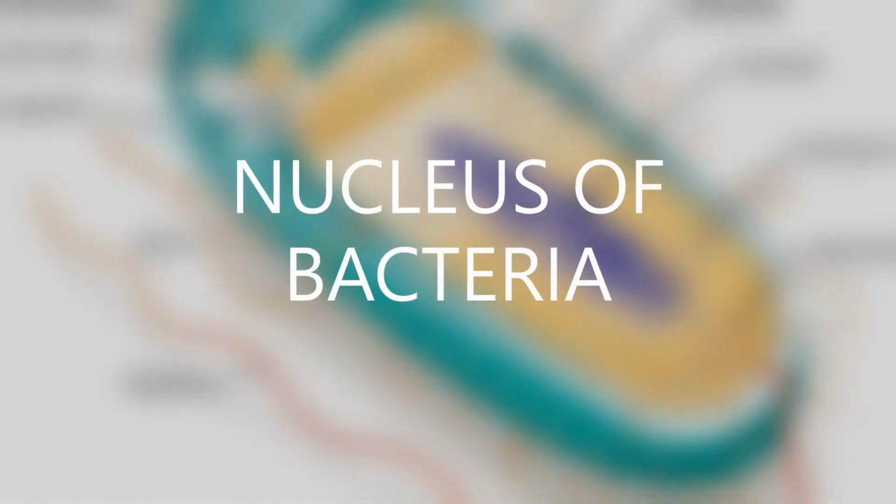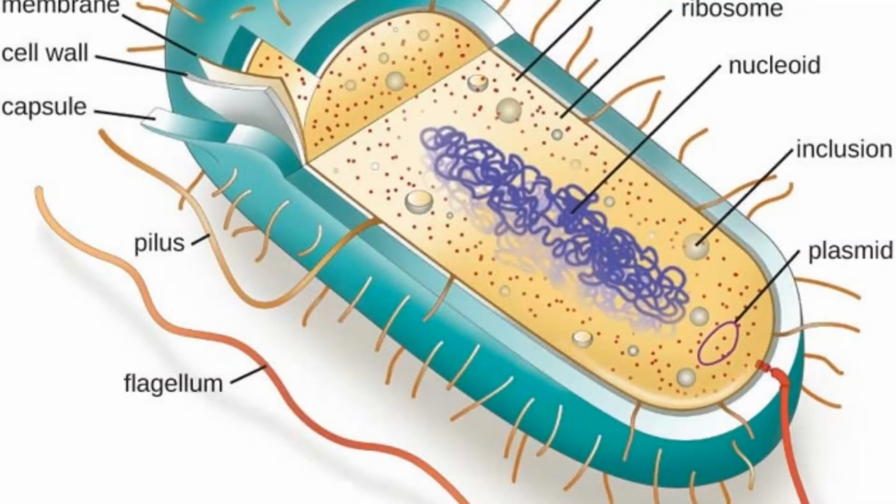Now we see another nucleus, that is of the bacteria. So we will now see the bacteria nucleus. It is a cell of bacteria. Blue color you see, blue color threads are there, and that is a single thread.